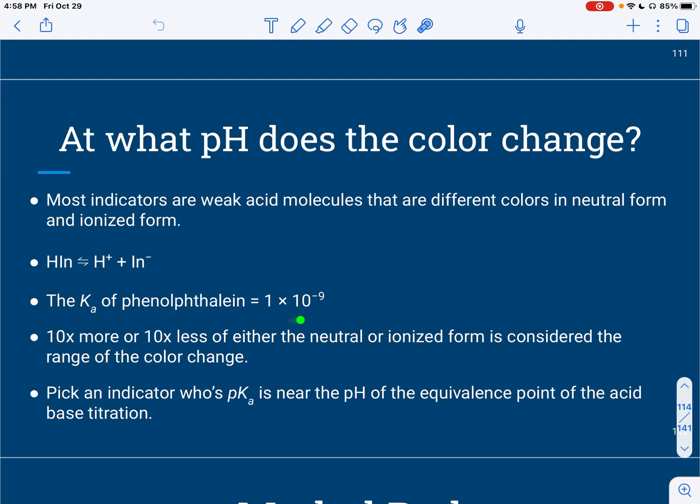So the Ka of phenolphthalein is 1.1 times 10 to the negative 10. 10 times more or 10 times less of either the neutral or ionized form is considered the range of the color change. So you want to pick an indicator whose pKa is near the pH of the equivalence point of what you're doing. So you find out what the equivalence point is and then pick an indicator based on that.